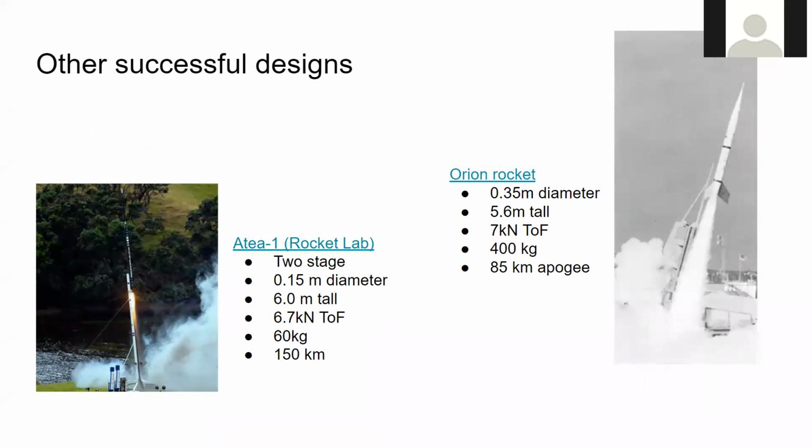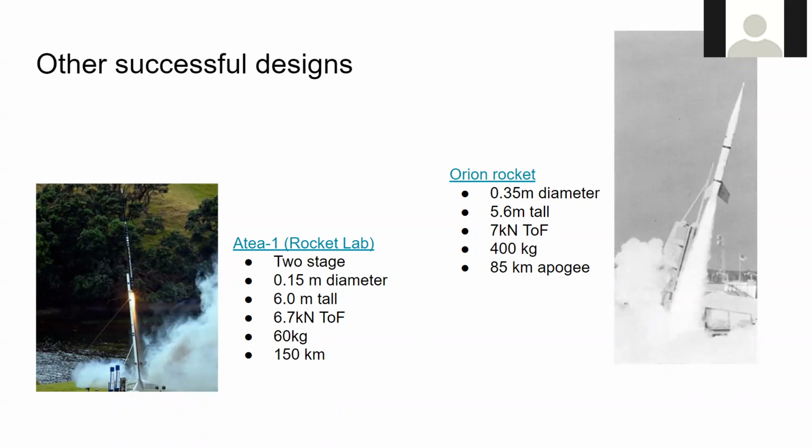The rocket is fully carbon fiber and they do some really cool stuff, but I could get very into that, so I'm going to leave that for now. Their rocket was a two-stage. Its diameter was 0.15 meters, 6 meters tall, about 7 kilonewtons takeoff thrust.